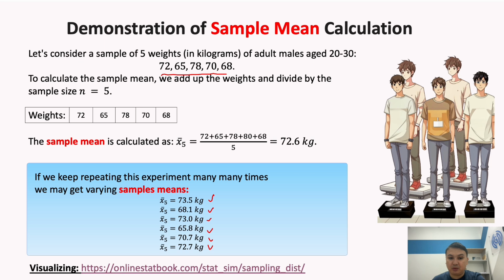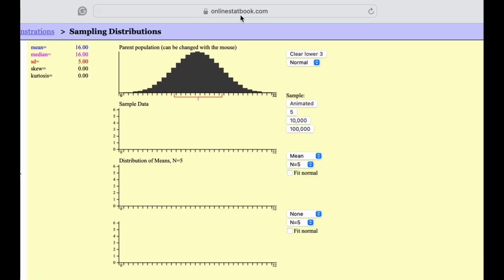Finally you get what you want. Let me demonstrate using this online stat book, which has a nice way to illustrate. Here the first one is the population distribution, and you can play with it. It could be any distribution, because initially we don't know what the distribution is. Now I can animate.